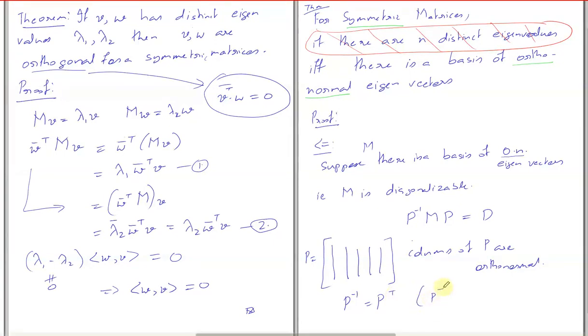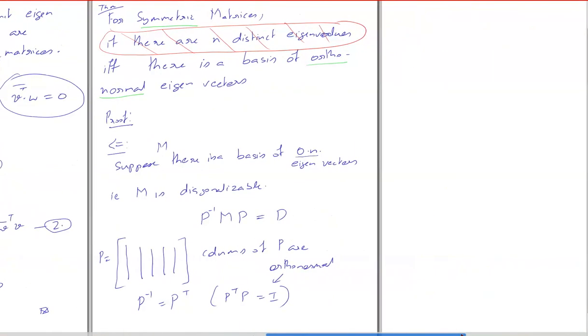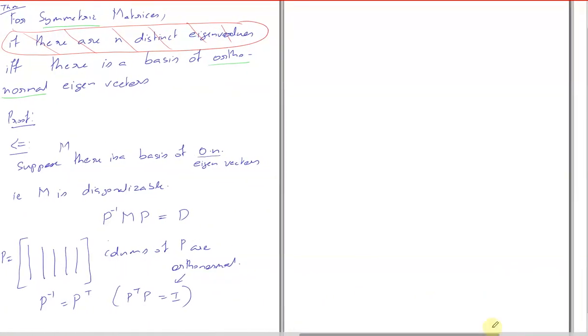P transpose times P is taking the dot product of the columns of P with each other, and this is actually the identity. So this statement says that P transpose M P is diagonal. You agree?